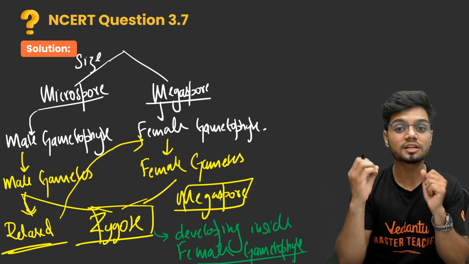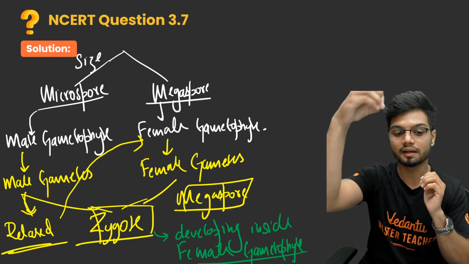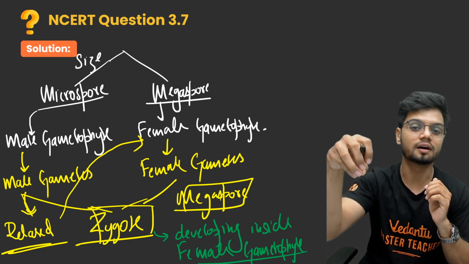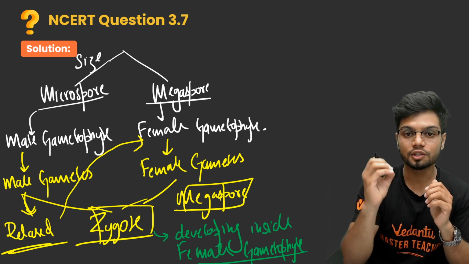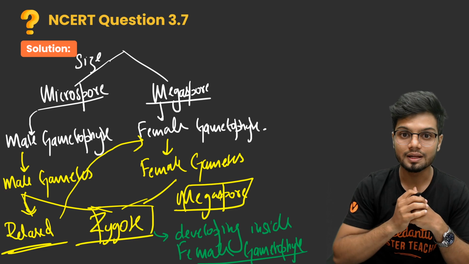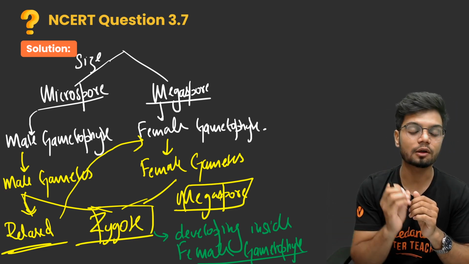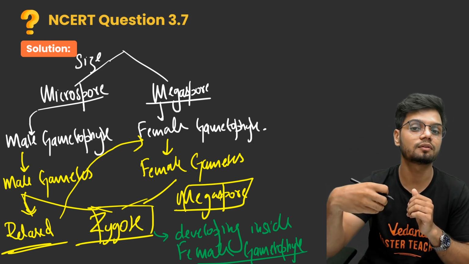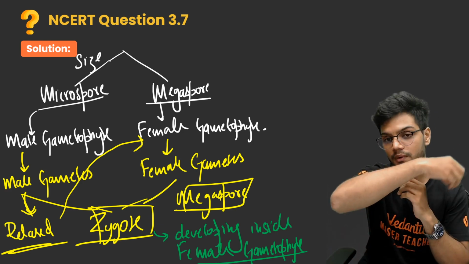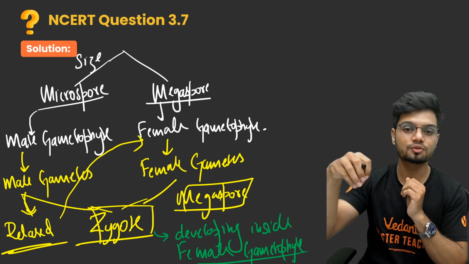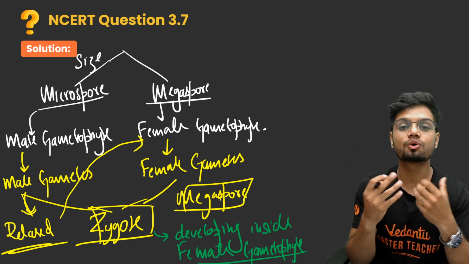Why? Because there was a retention of the megaspore inside the female gametophyte, where the male gamete came and did the fertilization, and this ensured the development of the zygote. I'll repeat again: the zygote is developing inside the female gametophyte because the megaspore was retained there.